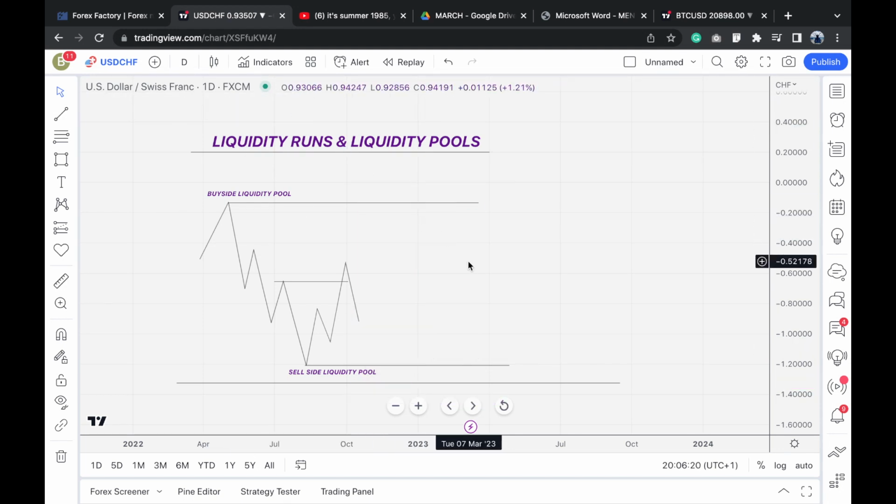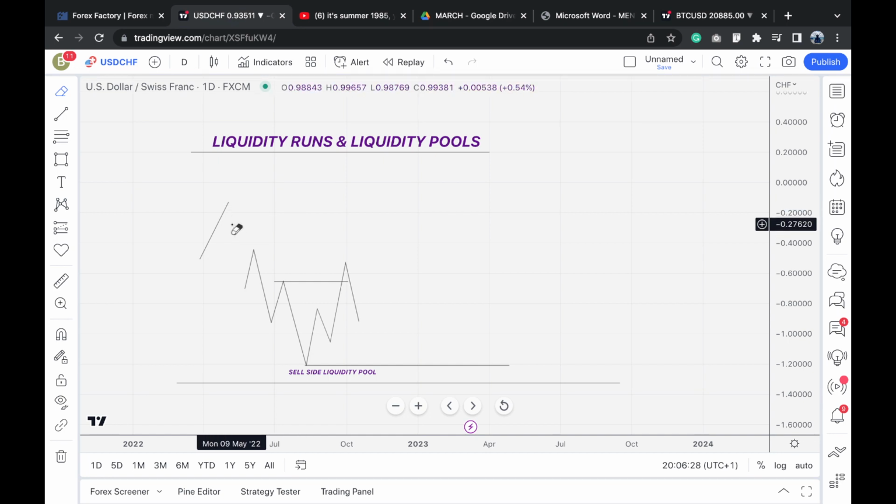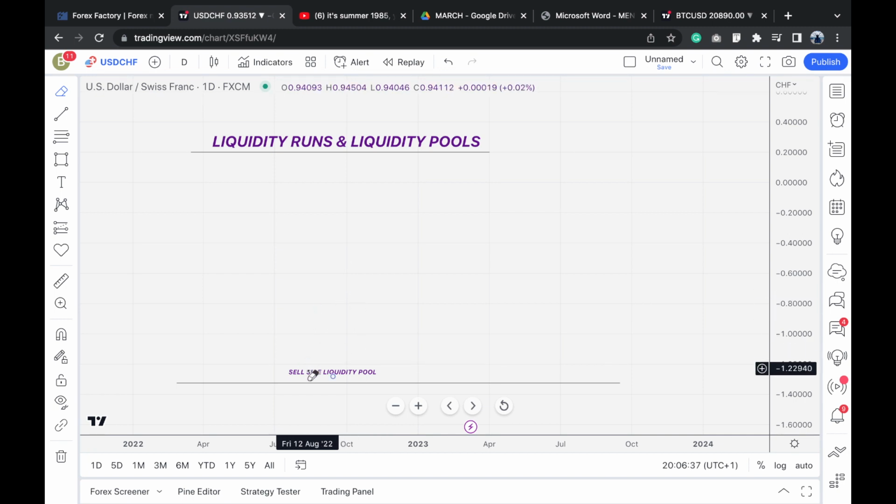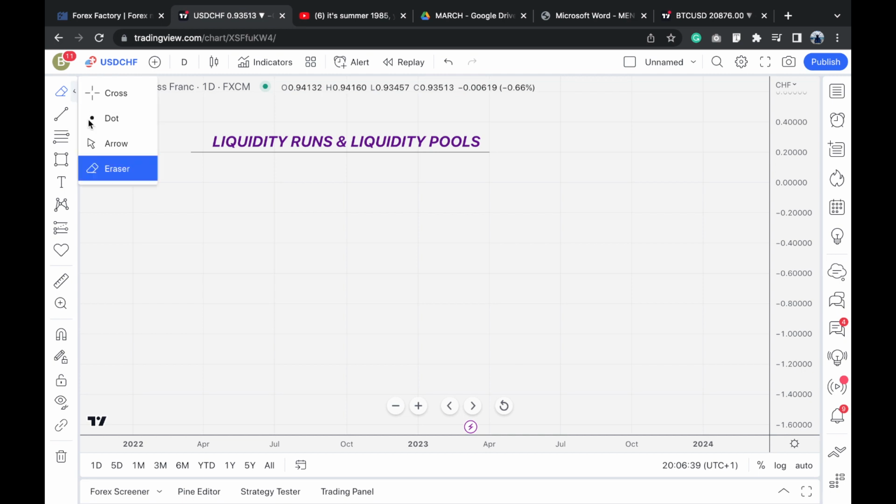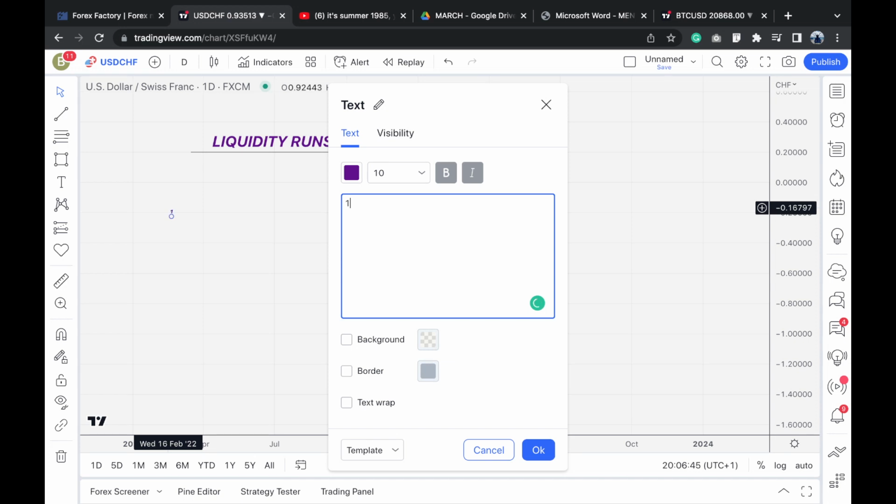Now that we've defined the two types of liquidity we have in the marketplace, let's go into subtopics on liquidity, and we're going to start with different topics. So I'm going to outline the topics we need to cover today. Alright, so on today's lesson, we're going to be talking about voids of liquidity. We're also going to be talking about injecting liquidity.